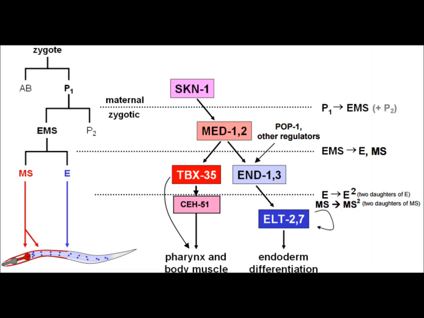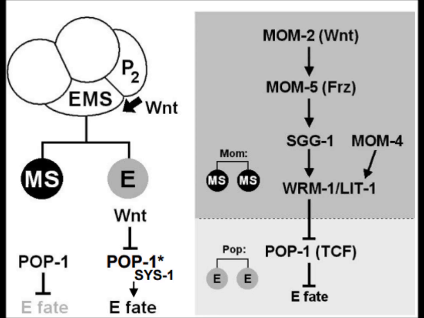Now, something must occur so that cells from the same source, which is EMS in this case, end up expressing different genes to specify different fates, MS versus E. So Wnt signaling plays a role in differentiating the MS and E cells. As you can see here, Wnt signaling is present from P2 to the posterior side of EMS.